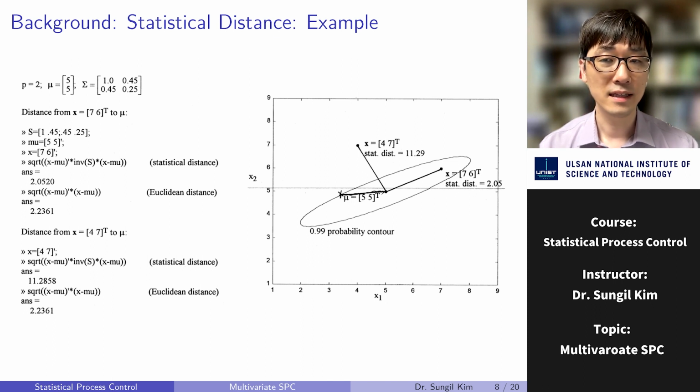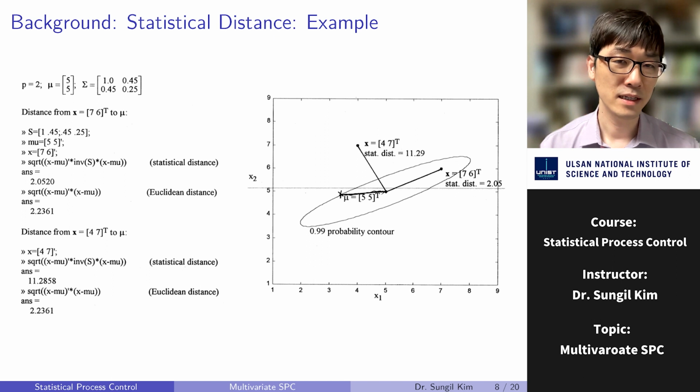Their Euclidean distance to mu is equal to 2.22361, but the statistical distances are different. Which one is shorter? The statistical distance from 4, 7 to 5, 5 is 11.29, and from 7, 6 to 5, 5 is 2.05.